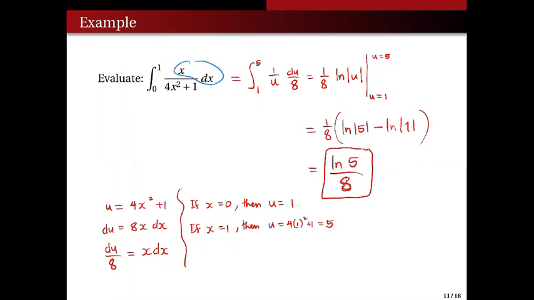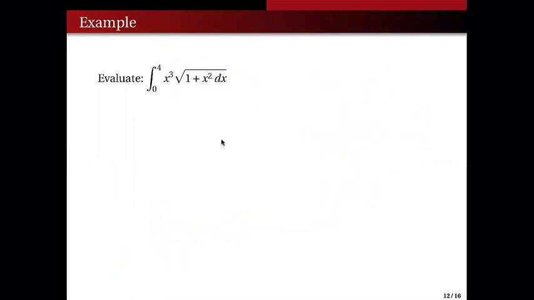Okay, so let us go to our next problem here. Integral from 0 to 4 of x cubed square root of 1 plus x squared dx. Sorry, this dx should be outside this square root. So let me just edit it here.